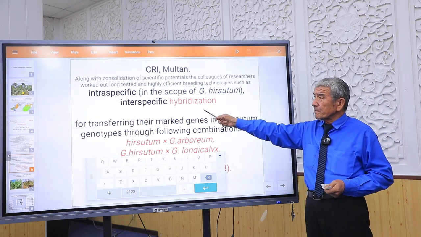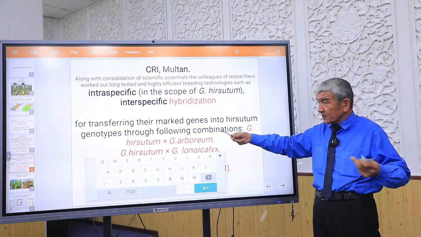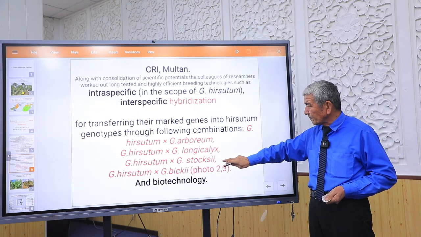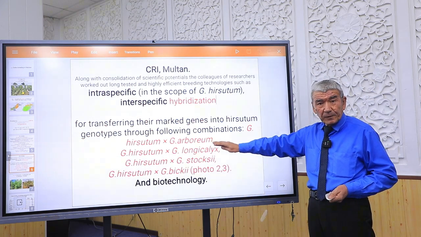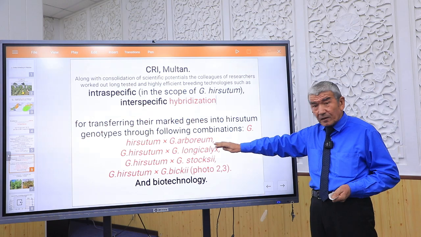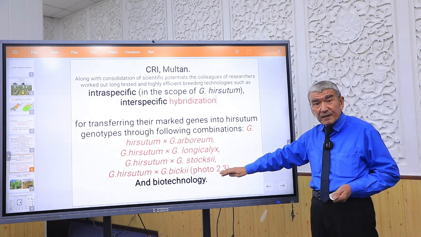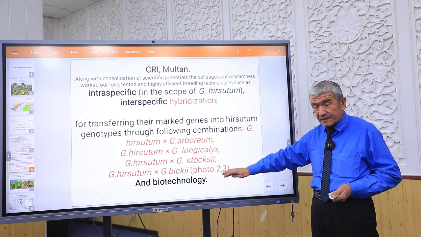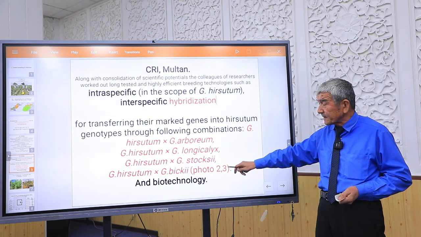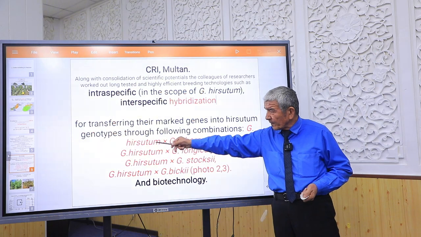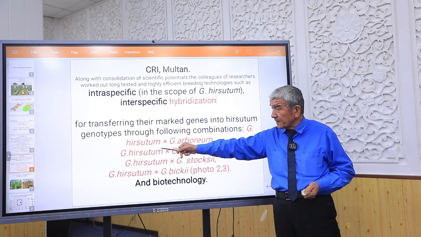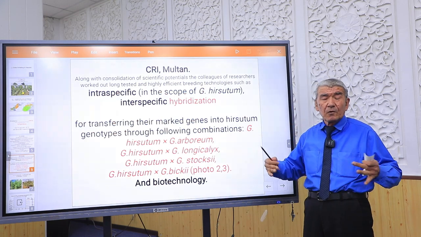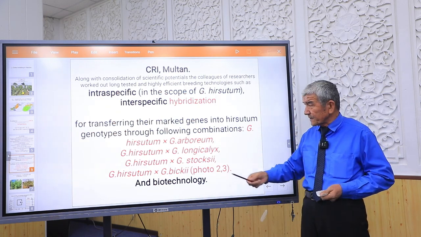This second method uses this kind of cotton plant species. They are more widely grown species, cultivated species. Within this species exist all our cotton varieties.